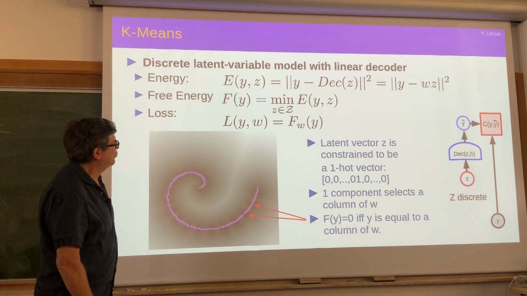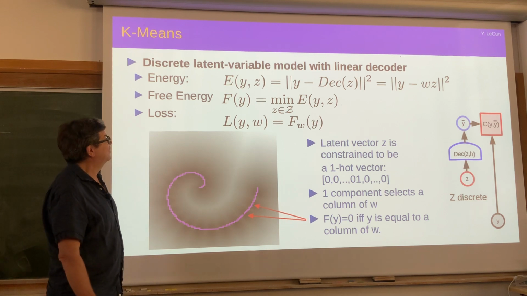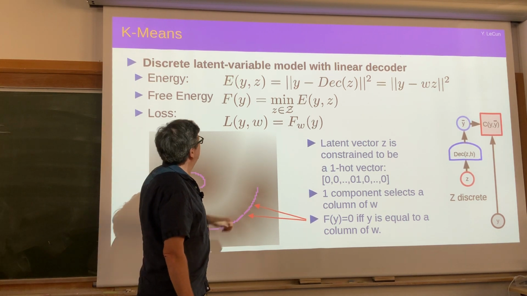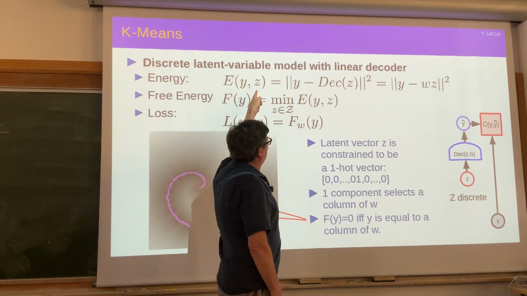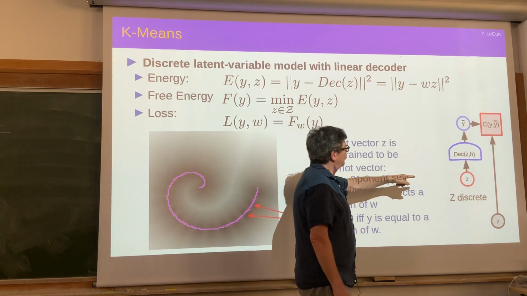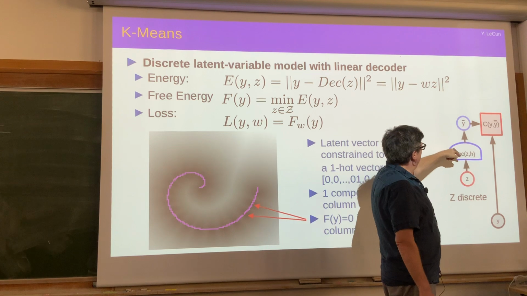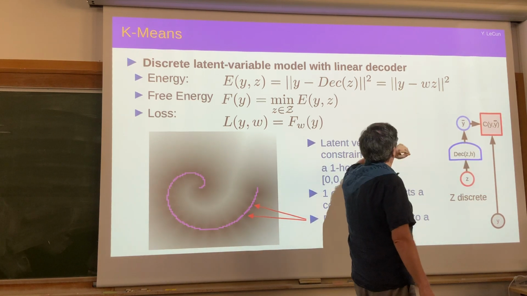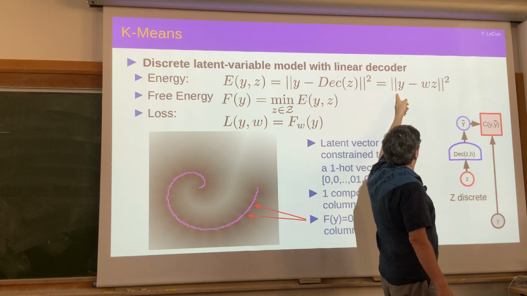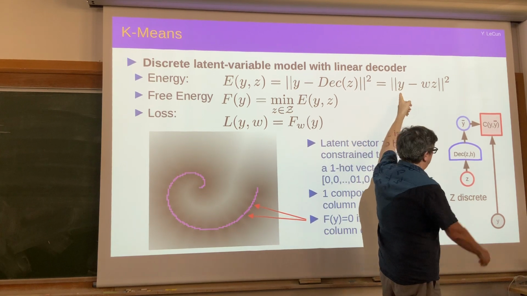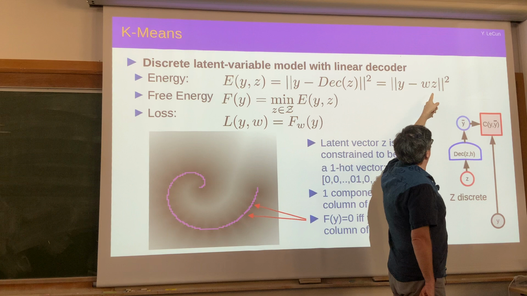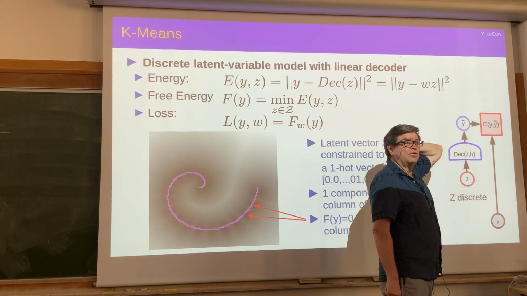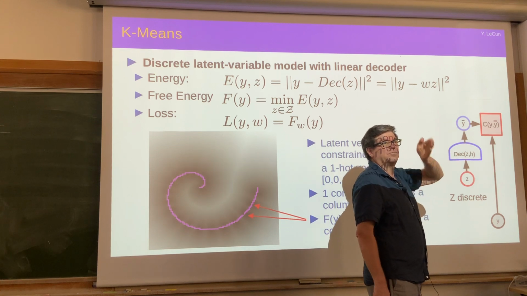Here is the energy you get from k-means. K-means clustering is a latent variable model, where the energy function E(y,z) has a latent variable that goes through a decoder, and then you have a cost of reconstruction error. In the case of k-means, the reconstruction error is just the square distance between the data vector and the product of the latent vector by a matrix whose columns are prototypes.